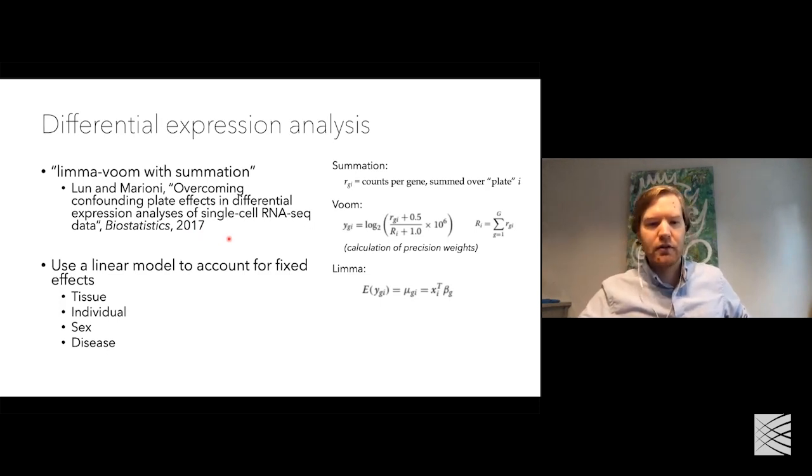Unfortunately, that's about all the detail I can go into here, but I would recommend reading this paper, taking a close look, and using a linear effects model to account for fixed effects like batch, or tissue, or individual, or disease state, for example.